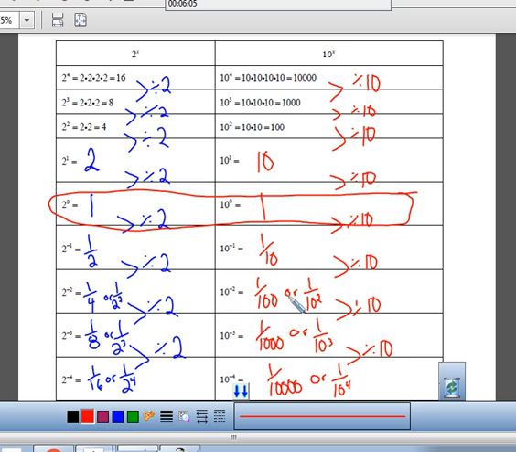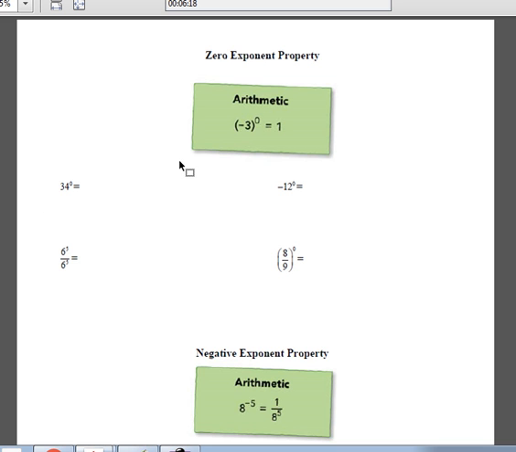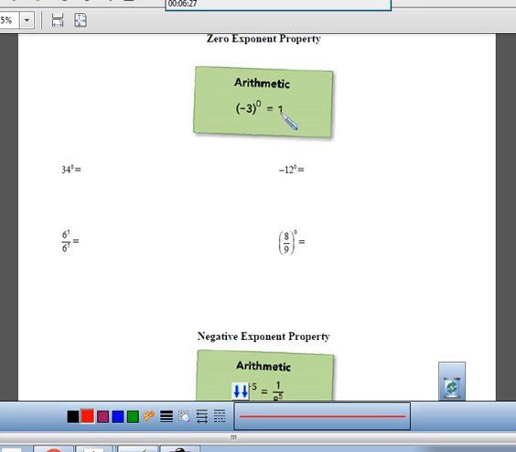So, now that we've seen the pattern, and hopefully it makes sense to you, we can summarize all of this over on the next page, page 38. Zero exponent property. So the zero exponent property says anything to the 0 power is 1.